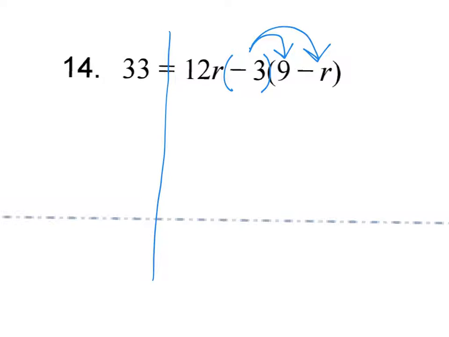So I still have this 12r hanging out on this side, and I still have 33 hanging out on this side. But now I have negative 3 times 9, which is negative 27. And negative 3 times negative r. A negative times a negative is positive, so it's a positive 3r.